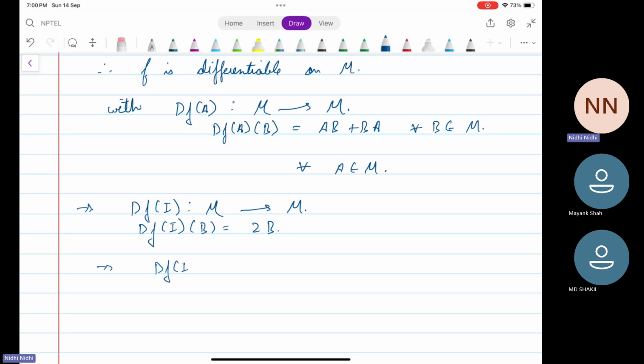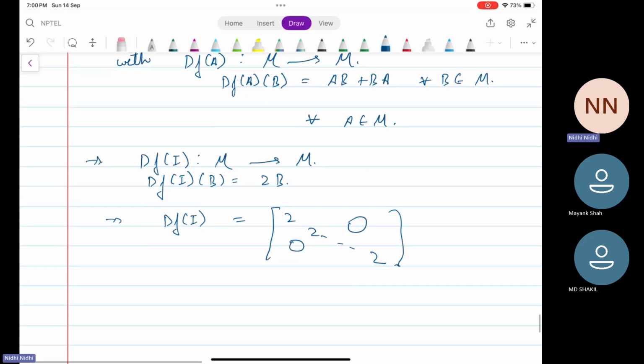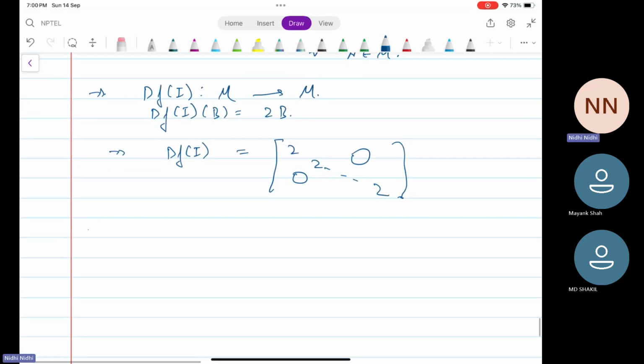If we write it in the matrix form, this will be 2, 2, 2 and 0 everywhere. Now since this is invertible, DF_I is invertible, and hence we can use the inverse function theorem.